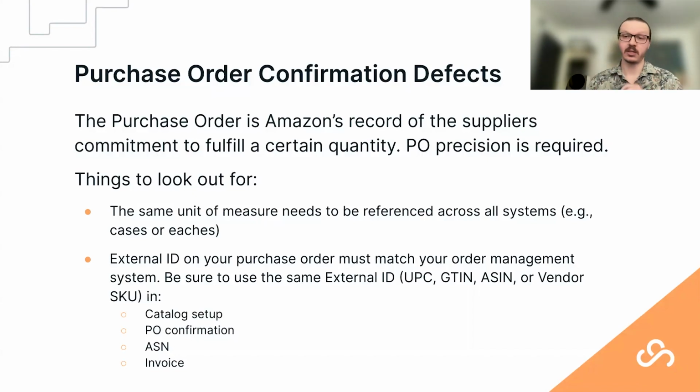There can be translation issues across, which seems silly, but even little rounding issues with a penny can cause price claim issues, which again sounds really silly, but if you're dealing with larger cases and smaller units, like a 64 pack or something, sometimes it really can make or break a difference in large quantities if it's not in the correct unit of measure. External IDs, again, are going to be important and having it consistent across all of these steps. So if we can nip it in the bud earlier upstream, it can help ensure that downstream in these other areas, there are no longer these types of defects.